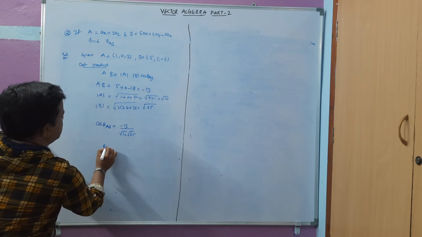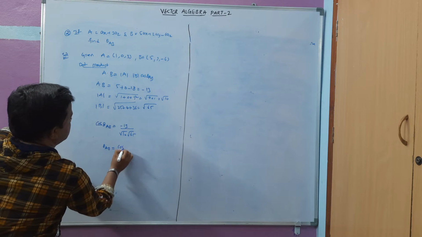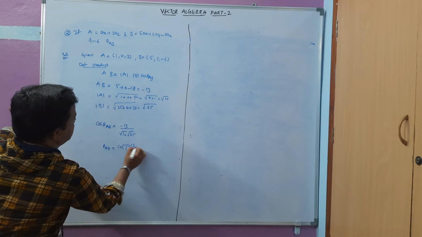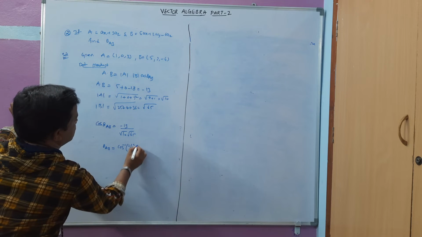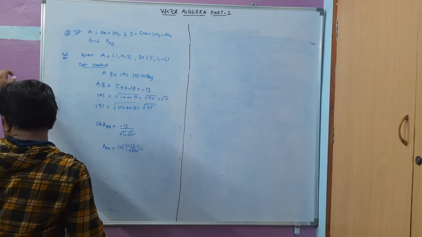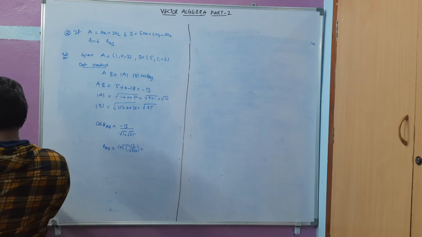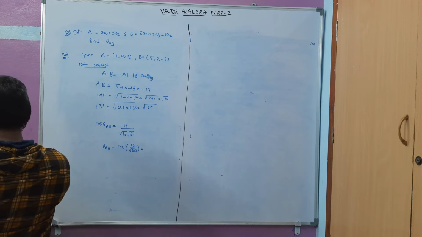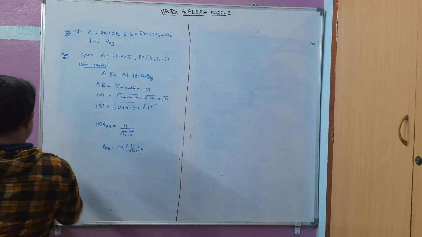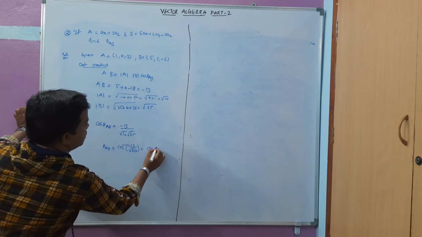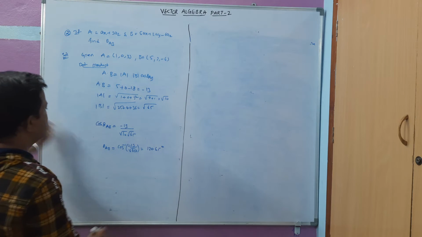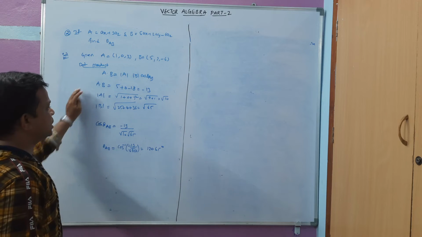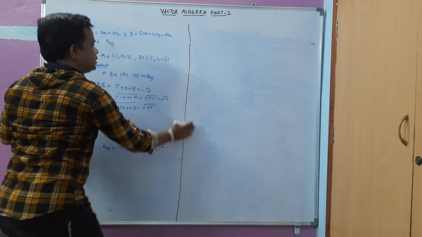So theta of AB is equal to cos inverse of minus 13 by root 650, which gives almost 120.65 degrees. You perform the cross product operation and check whether we get the same result or not.